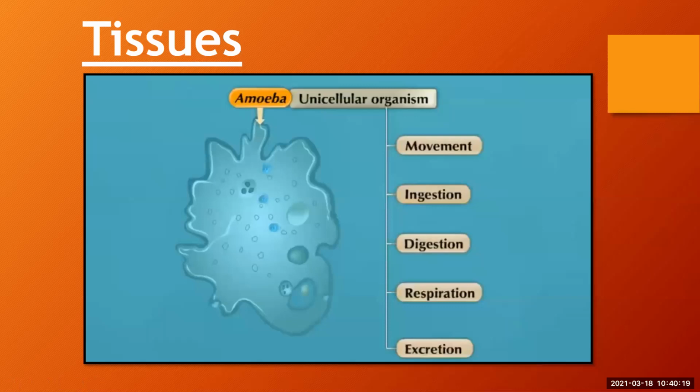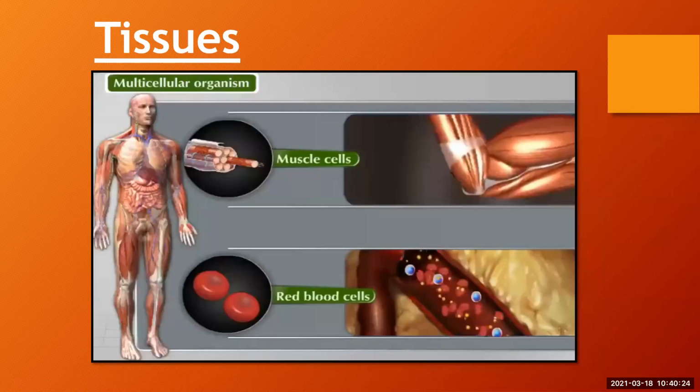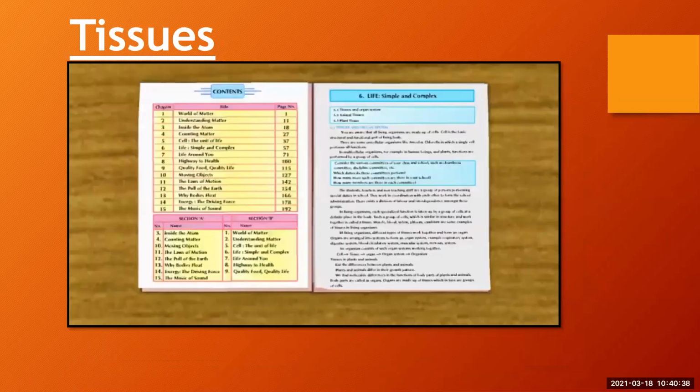But living organisms are mostly multicellular. In such organisms, groups of cells come together to carry out the functions. To understand, let us consider this order. Many letters make a word.